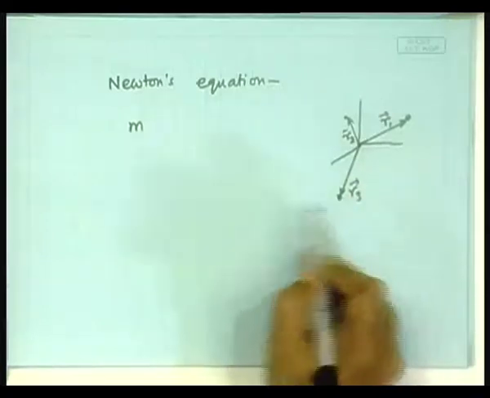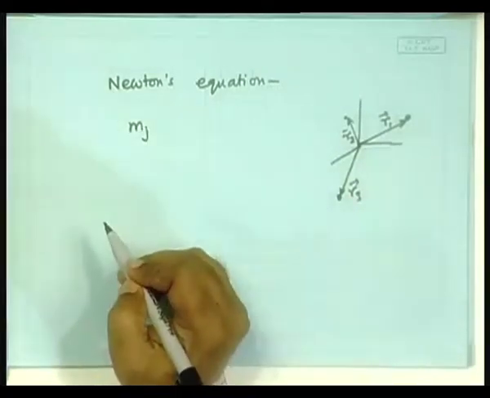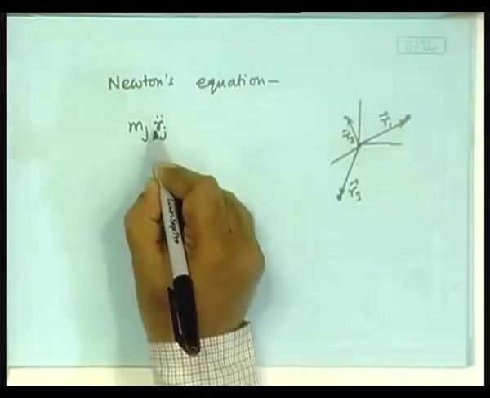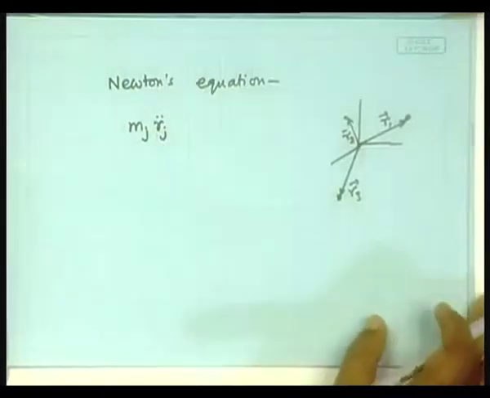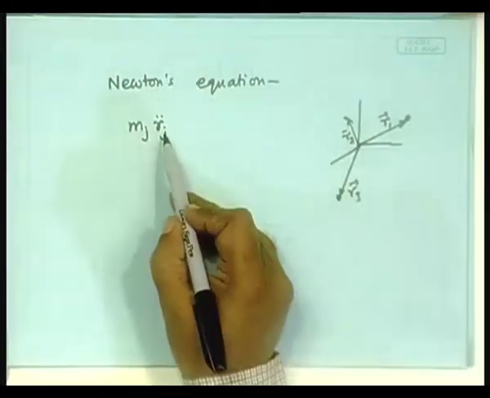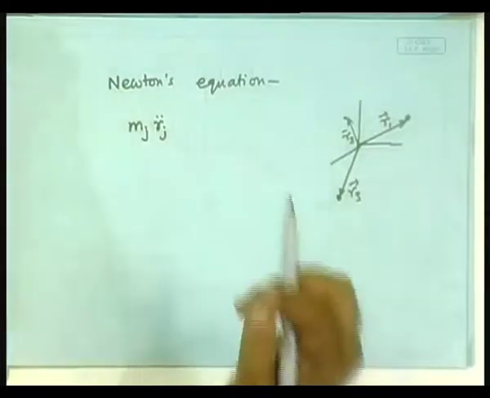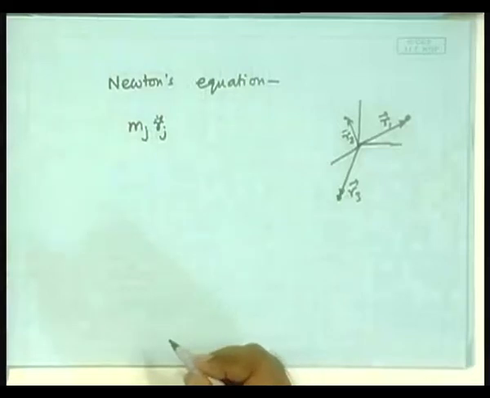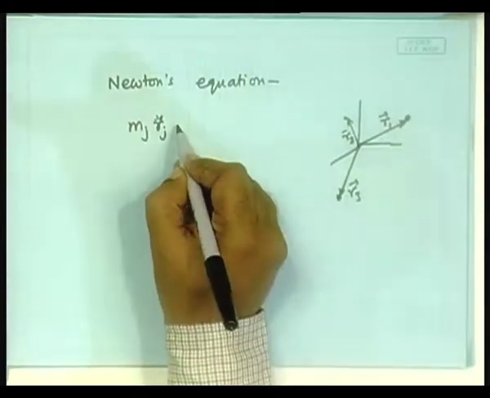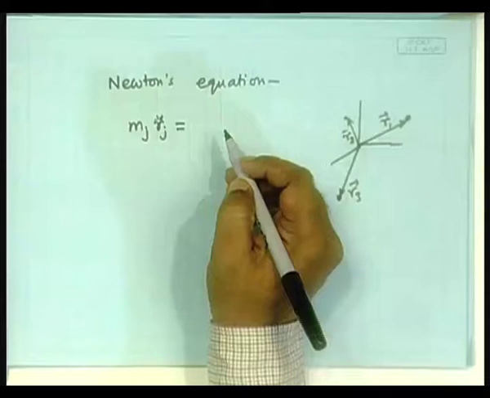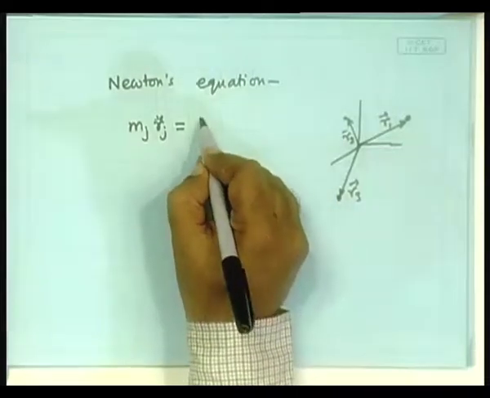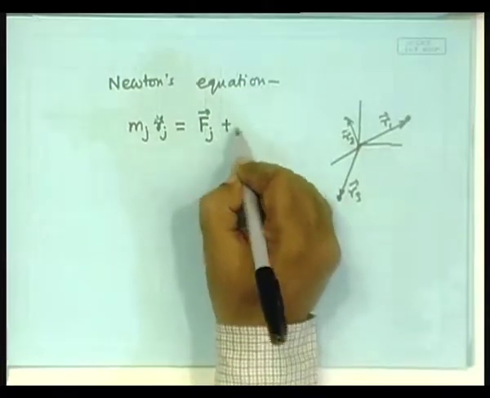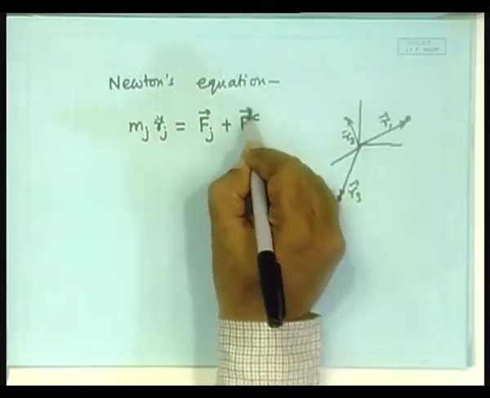So, for each one, m_j r_j double dot, where r is a vector. Normally in print we mark that by boldface, but let us put a small arrow overhead to mean that it is a vector, is equal to f_j, which is a vector, plus f_cj.